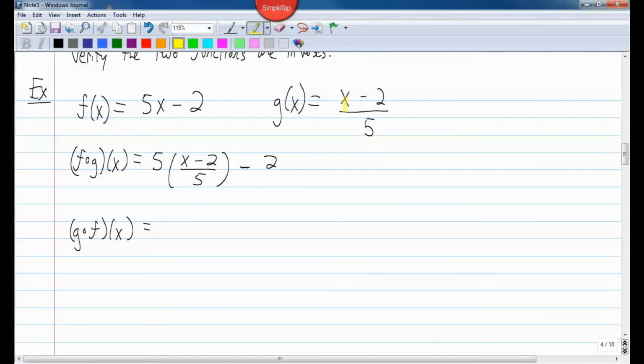So look up here. Here's what I did. I took this term right here, the g, that was the second letter, and I plugged it in right here. And so when you plug something in, put it in parentheses, and then I had this minus 2 right here after it, so I had to put minus 2 down here.